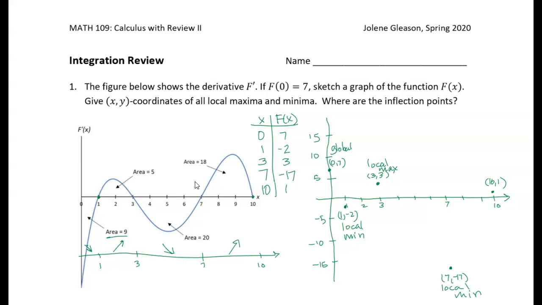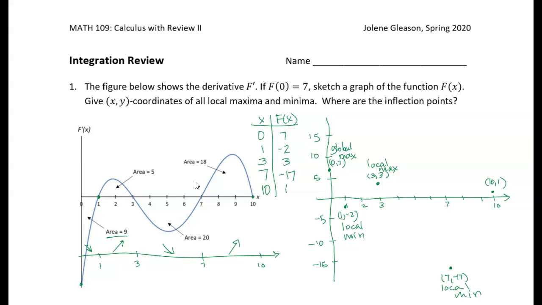The value here of the derivative is certainly not 0, but it is a global maximum, right? Because it's bigger than any other point. That value at 7 is bigger than any other point on that interval.